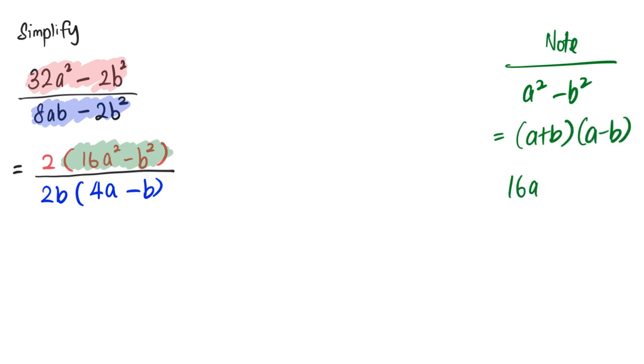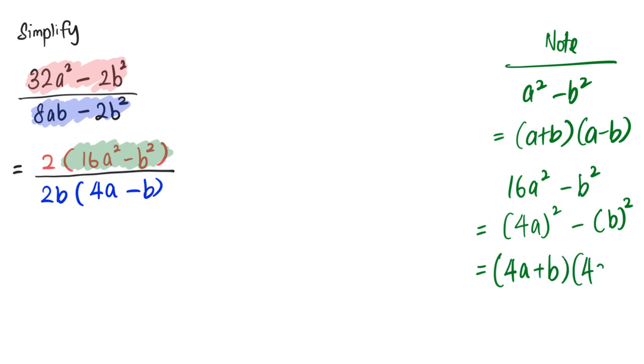So 16a squared minus b squared, I could rewrite it as 4a squared minus b squared because 4 times 4 is 16, a times a is a squared. So I could rewrite it as 4a minus b, 4a plus b, which is what you will see in my next step.